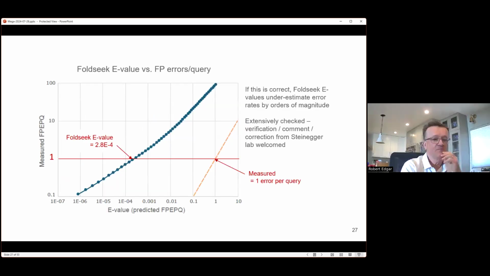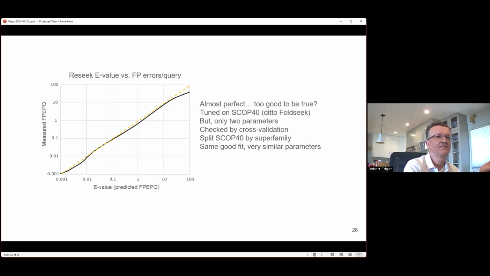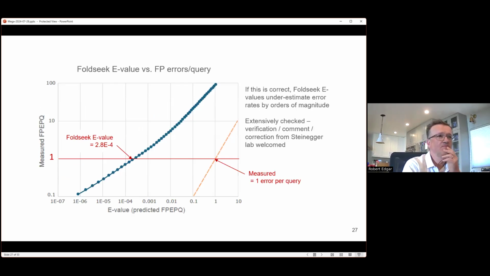So the orange dashed line here is what you would get with a perfect e-value, right? So this is the same plot, except now this is the Foldseek e-value. And we're seeing a very, very different picture here. Of course, it's very possible I made a mistake here, but again, I was very skeptical of my own plot, and I really have tried to dig into this every way I could think of, and provisionally, I believe this result.